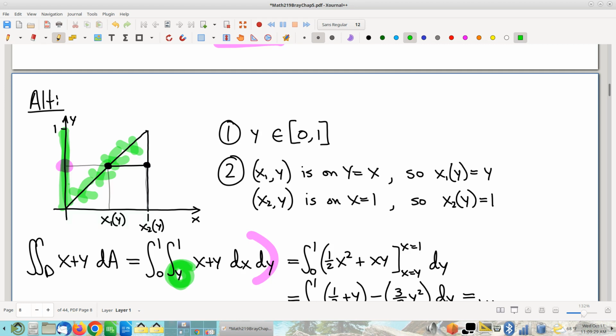Now, let me address a different point of view on this. A lot of people say, but the lowest value for x is 0. And it is. But that's not what this is supposed to be telling me. That's not supposed to be telling me the absolute lowest value of x. That's supposed to be telling me the lowest value of x for a given value of y. For a given value of y.